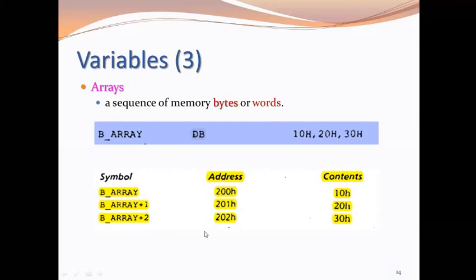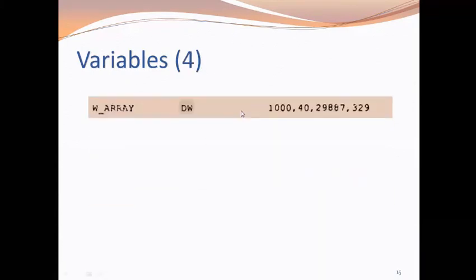Similarly, we can go for the word array as well. What is that one? Word array. Look here. You define a word array in a similar way, but you have to have a look at where the difference is. What is the difference compared to the byte level?